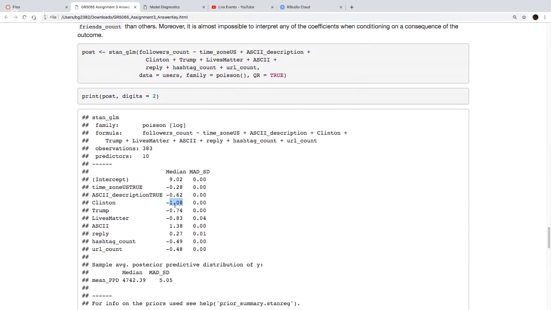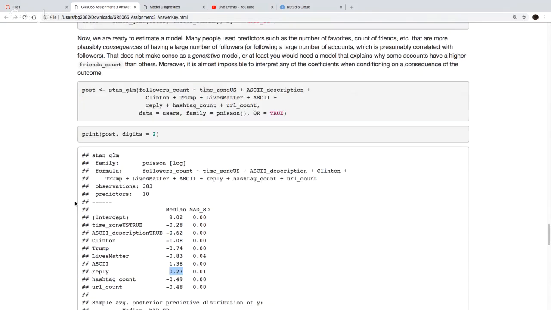If this was a propaganda effort by the Russian government, they might be a little bit disappointed that the more these troll accounts tweet about Hillary Clinton, you would expect them to have fewer followers. But certainly tweeting in ASCII tends to mean you have more followers, I guess, particularly from Americans, and if you're replying to other people, stuff like that.